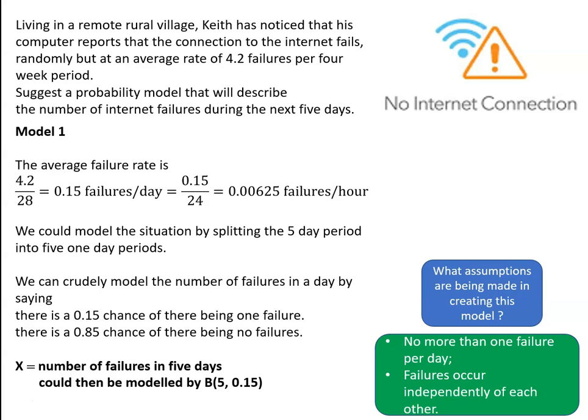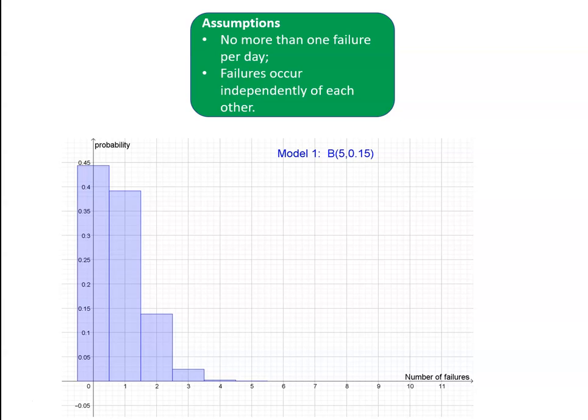Well, 2 assumptions principally: no more than 1 failure per day, and that the failures are occurring independently of each other. So there is the graph of the binomial distribution. That is the graph showing the probabilities and the number of failures for model 1.